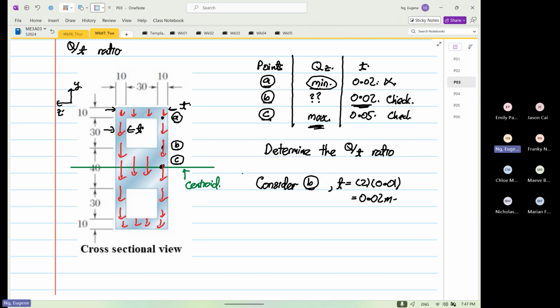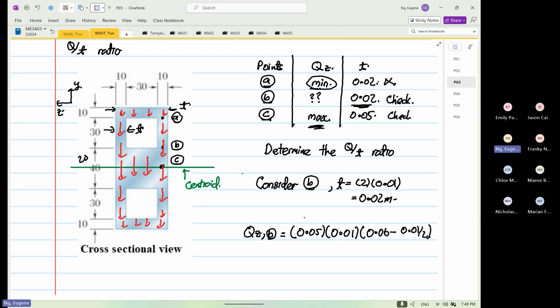So Qz at point B. This is the web first. The width is 50. The depth is 0.01. The y bar, so this is 20, 30, 10, so 0.06 minus 0.01 divided by 2.